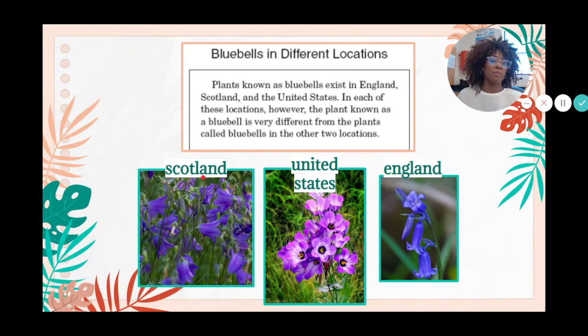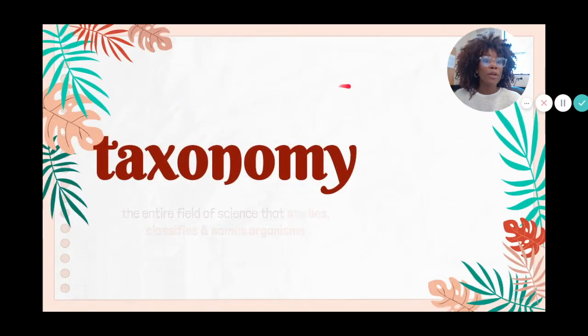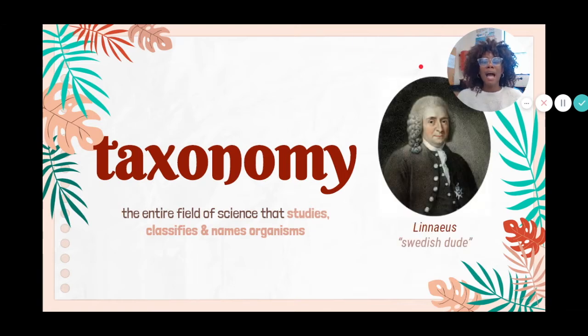And same thing here. Every type of organism, every different species, has its own two-part name, so we can communicate easily between countries, across generations, and so forth. Okay, so again, taxonomy is the entire field of science that studies, classifies, and names organisms.